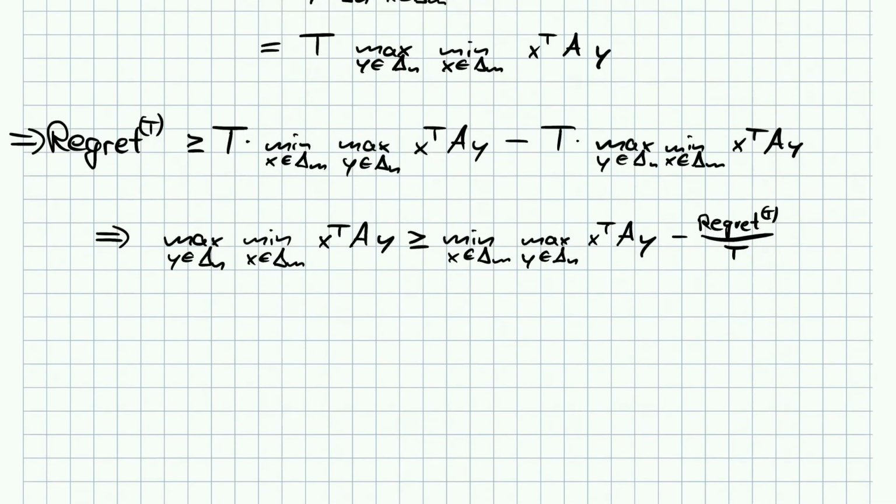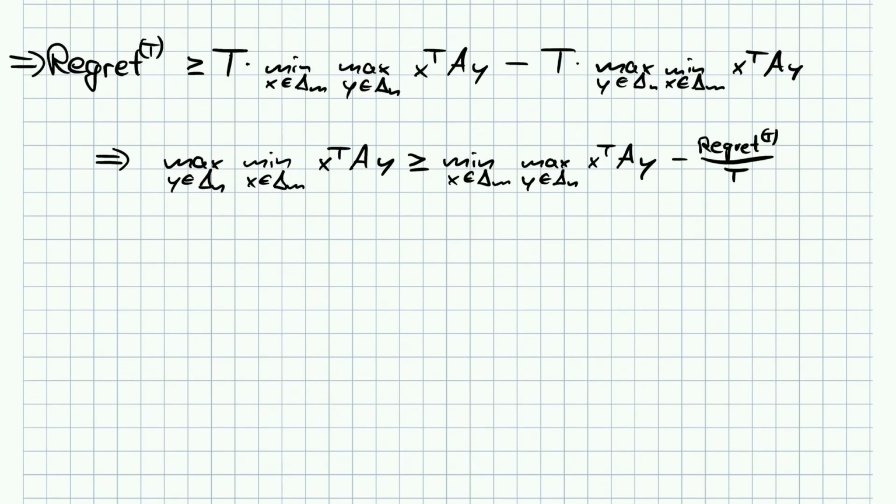And what's now the point? Well, if we have a no regret algorithm, then this will go to 0 for t going to infinity.